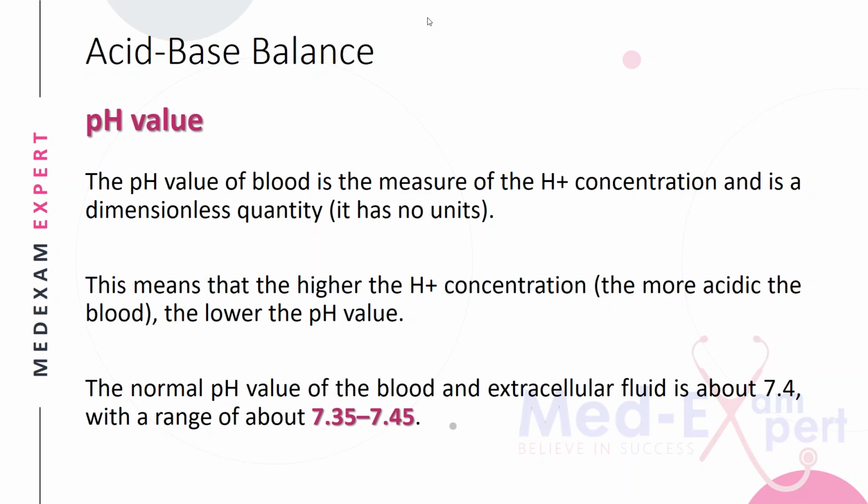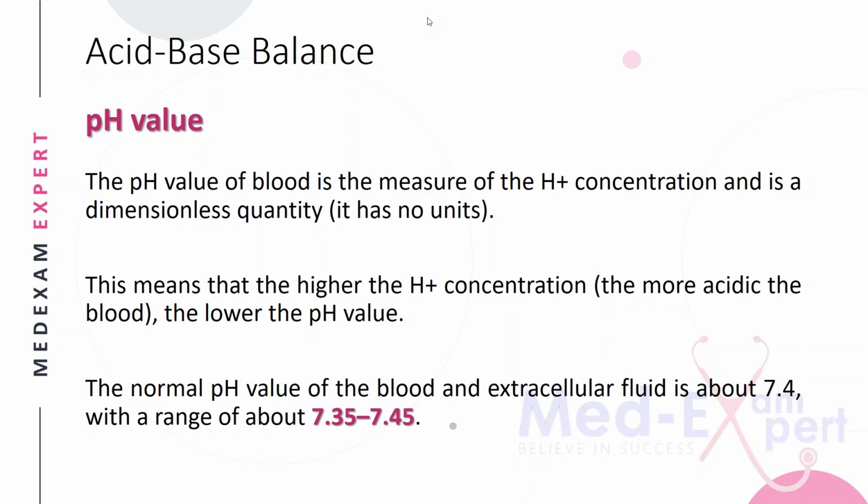The pH value has an equation which depends on the hydrogen concentration, but it's not mandatory to know this equation. It's a very sophisticated equation, and the lab devices now can give you the automatic pH value of this blood, so we don't have to know this equation, but we have to know that the pH value is just a reflection of this hydrogen concentration in the blood.